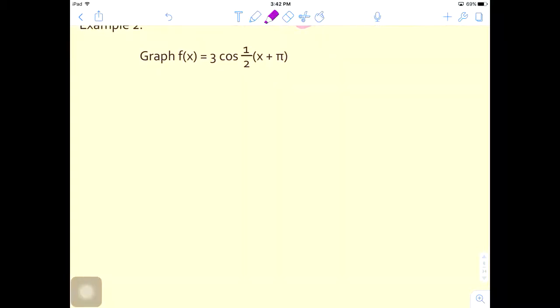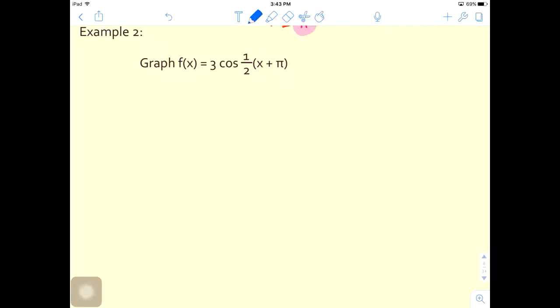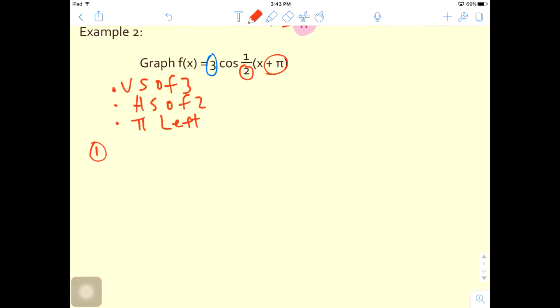And here's another example. So this one is involving cosine. And notice that the transformation is that it has a vertical stretch of 3. There's also a horizontal stretch of 2. And then pi units to the left. Those are the transformations. Step 1, we're going to find the amplitude, which is the absolute value of 3, which is 3.